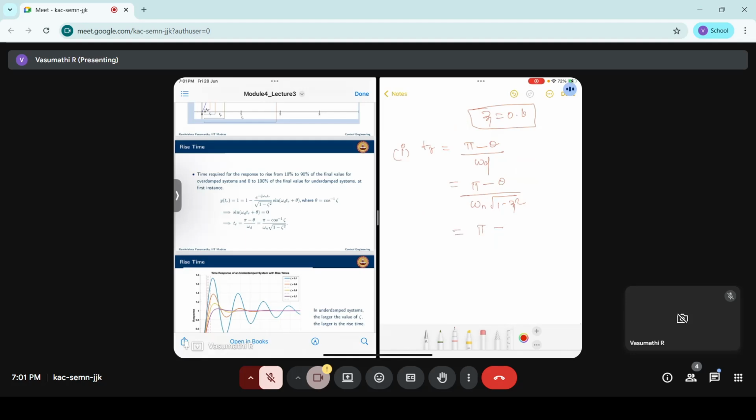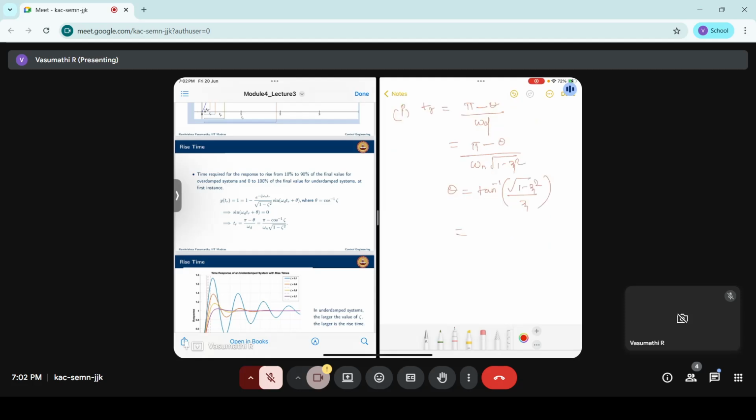But you should also know what theta is. Theta will be cos inverse, oh, this will be tan inverse. You only know the information about the zeta, right? Theta will be equal to tan inverse of this term.